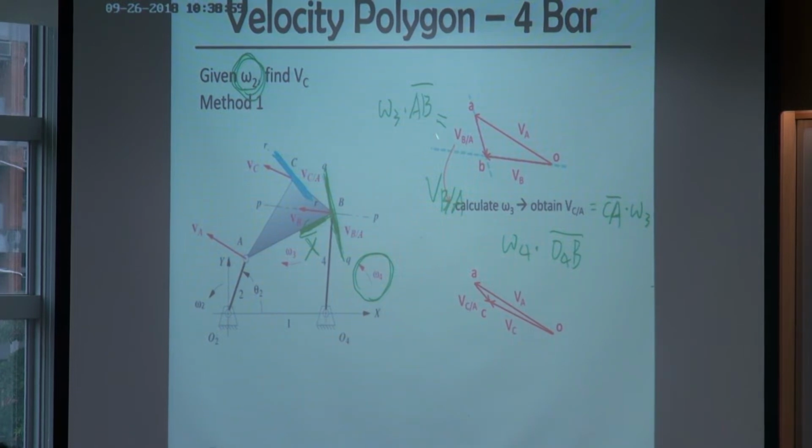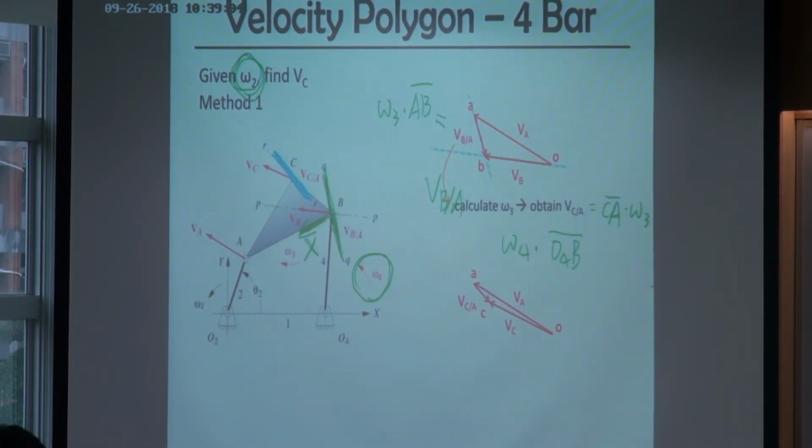And once we get the information, we draw this velocity polygon, then we can obtain omega-3 and omega-4 by this diagram. And once we get omega-3, we can just substitute to get VCA.